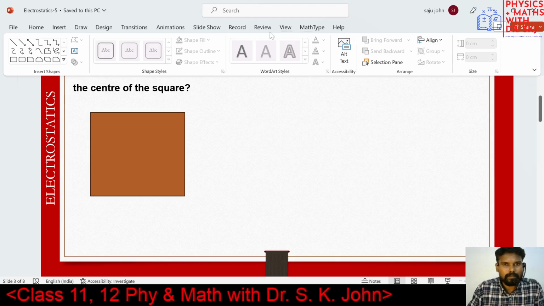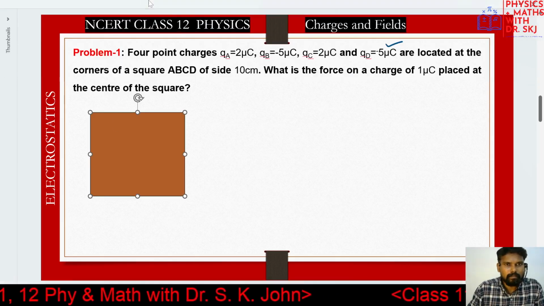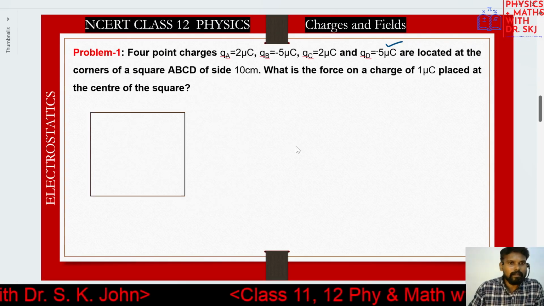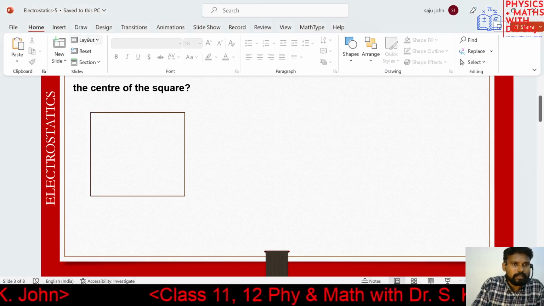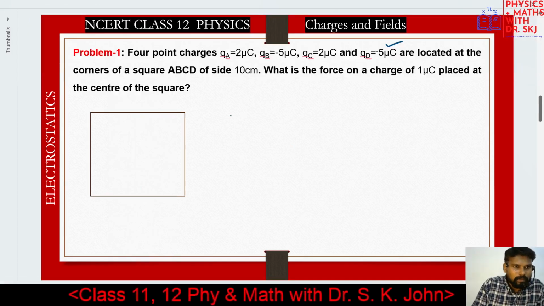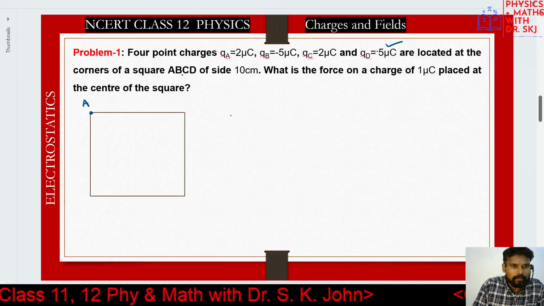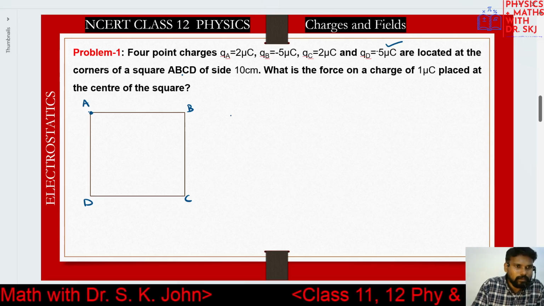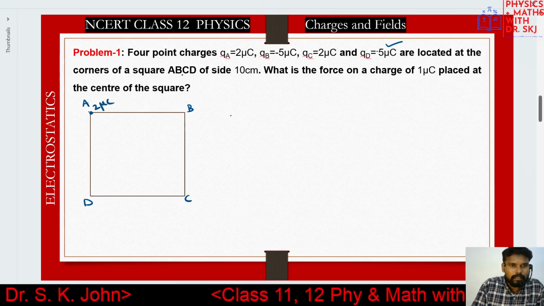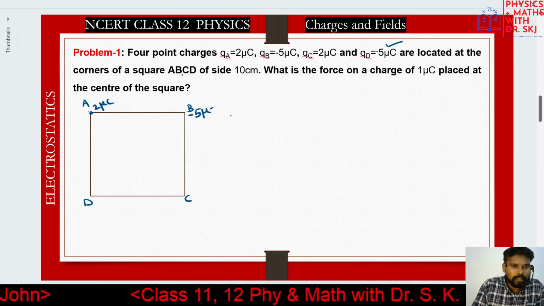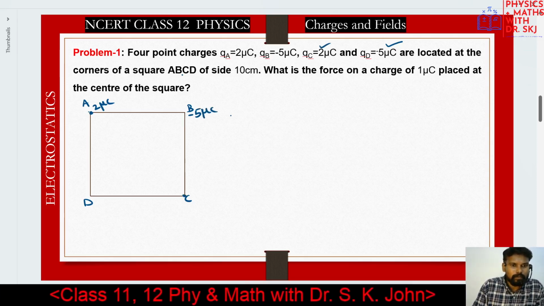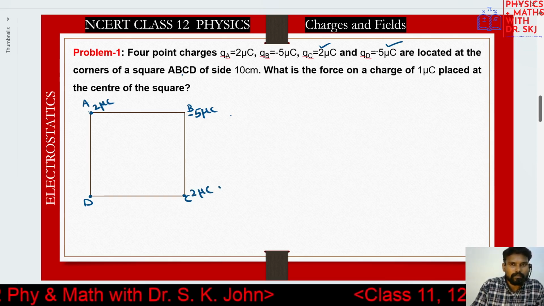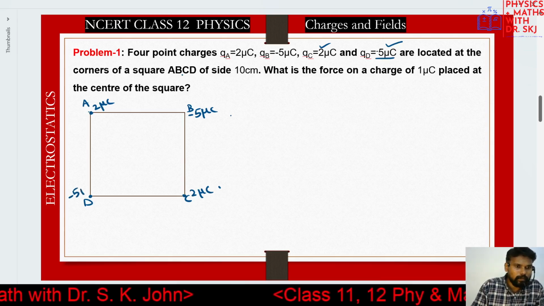Let this be A, this is B, and C and D. So here at A there is 2 microcoulomb charge, then here at B there is minus 5 microcoulomb charge, and at C there is 2 microcoulomb charge, and at D there is minus 5 microcoulomb charge.